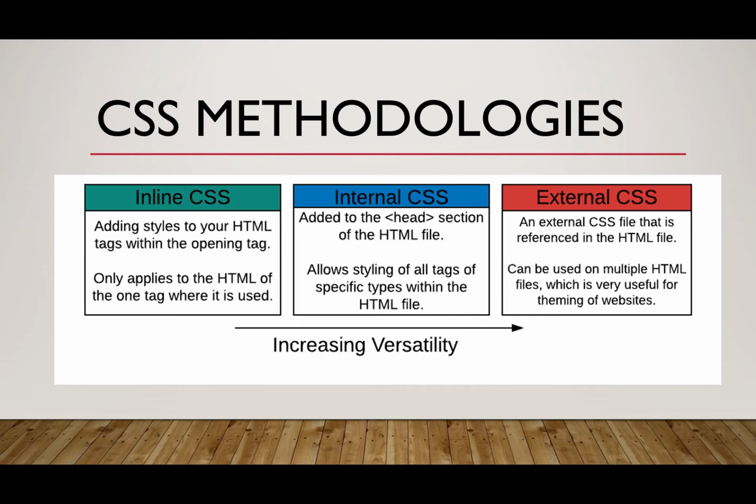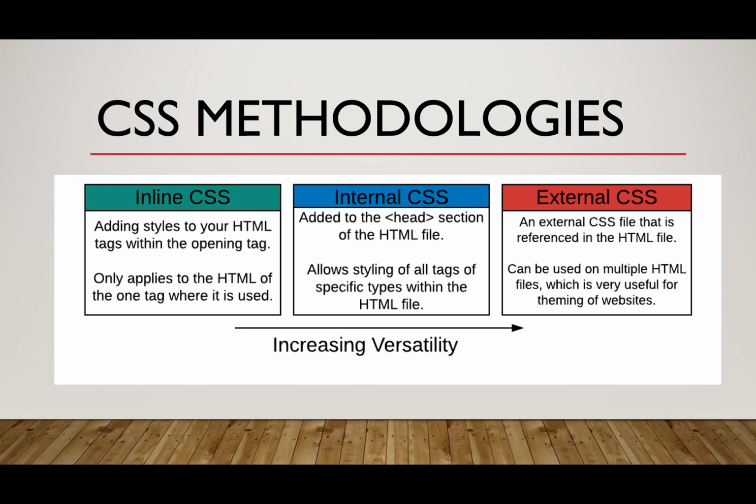Then finally we have external CSS. External CSS is the most versatile of all of these methodologies because you can create your own classes that apply to specific scenarios, and it allows a lot more versatility. We'll go over external CSS in a future video. With external CSS, it's a separate file from your HTML file.